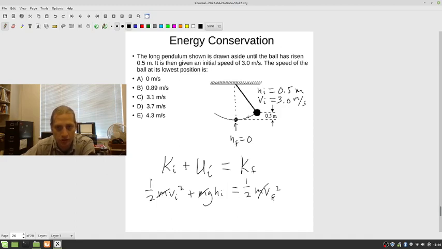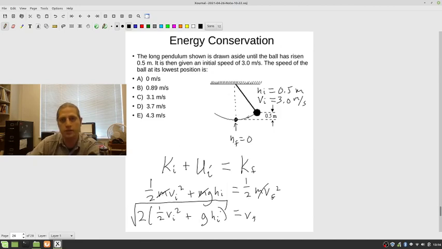So now I can just solve for v final equals the square root of 2 times 1/2 v initial squared plus g h initial. Go ahead and stick in those numbers and see if you can get something that's close to this.